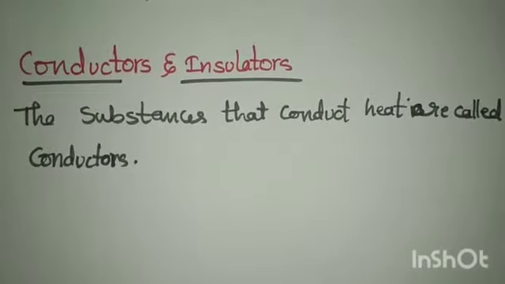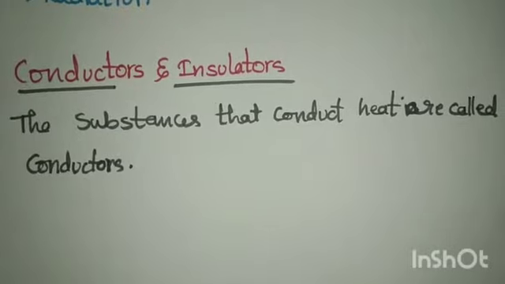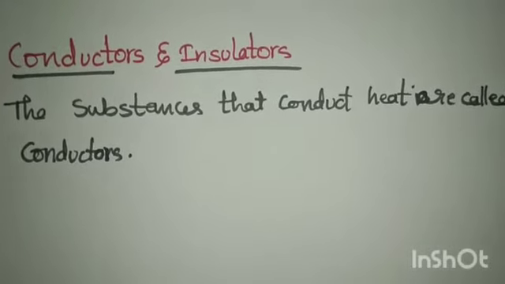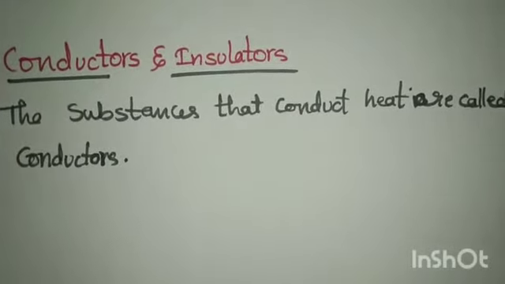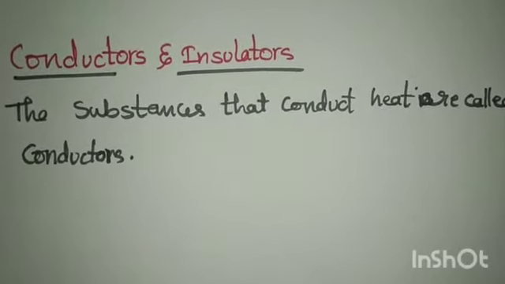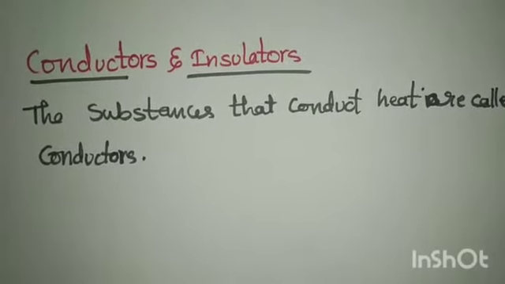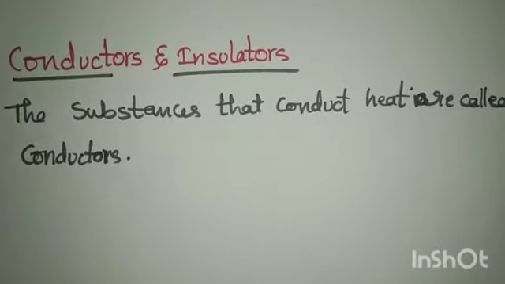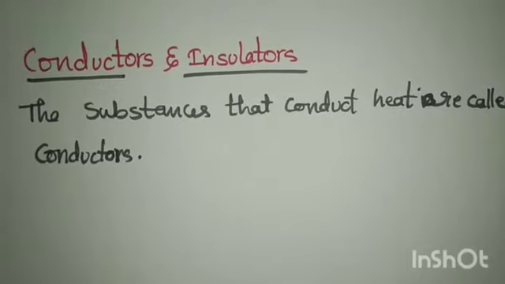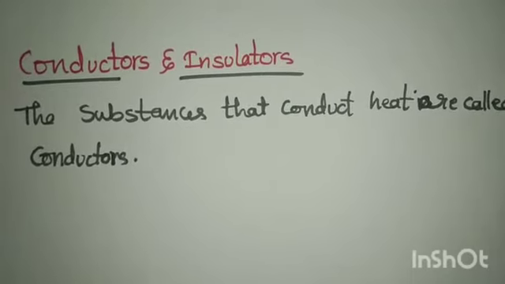Conductors means some metals or some substances that conduct heat are called conductors. If any metal or substance conducts heat, that is nothing but a conductor. Friends, you know that some metal vessels are generally provided with wooden handles, right? The wooden handles do not get hot when the vessel is heated. So this shows that wood does not conduct heat.